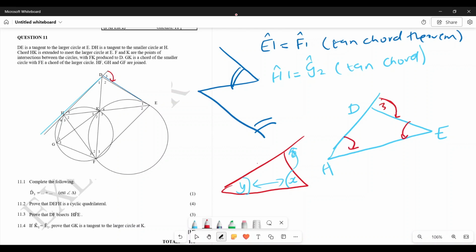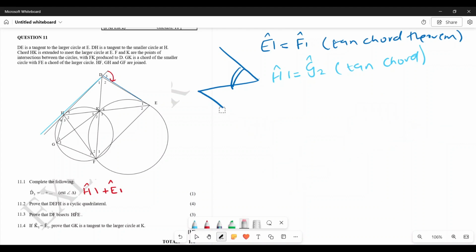So here it's going to be H1 plus angle E1. All right, that will be for the first question. Now let me erase here so that I can answer the next question. Every time in these kinds of questions, try to use whatever you've calculated before. When you have a Euclidean geometry question which doesn't have values, always try to make use of what you've calculated before. Now let's see what the next question requires from us.